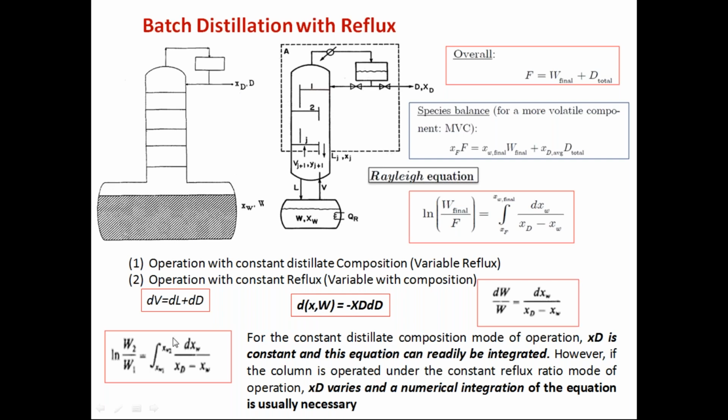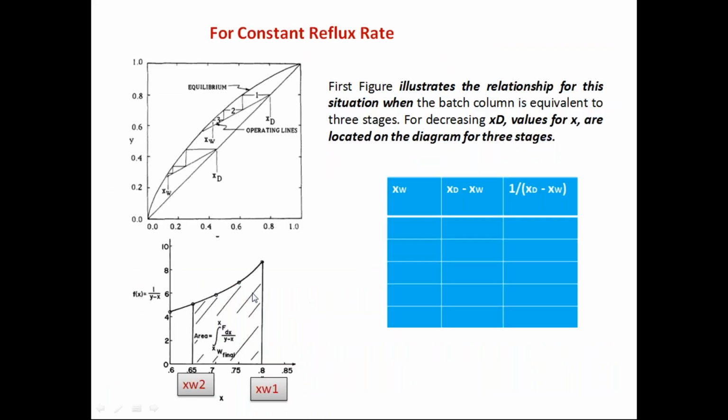So you know the values of XW1 and XW2, and W1 and W2 are also known. You can find your D, and the subsequent XD value can be found, which can be taken as a cumulative average of XD, as you have taken in the Rayleigh equation. That is how you can solve a problem under the constant reflux ratio. So this can be used.